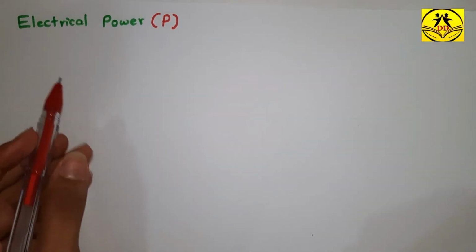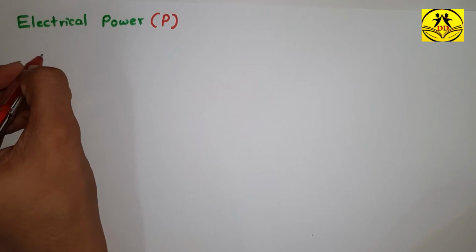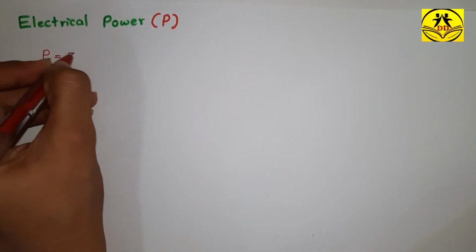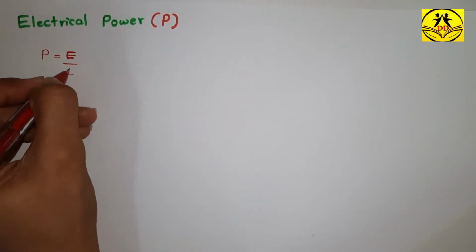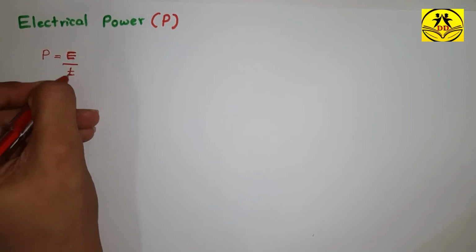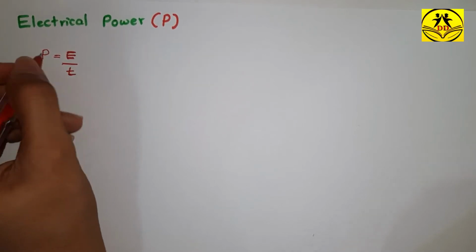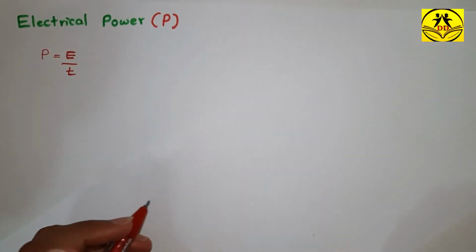The common equation for electrical power: power is electrical energy released per unit time, E divided by T. Power is E divided by T.